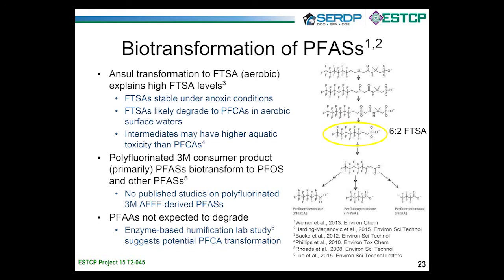The most important thing is that everything I've been talking about so far has been about the polyfluorinated compounds. Once you get down to these perfluorocarboxylates and perfluorosulfonates, these perfluoroalkyl acids, PFAAs, when you group them together, these are not expected to degrade. Essentially, they are treated as dead-end products and are very, very persistent once released to the environment.